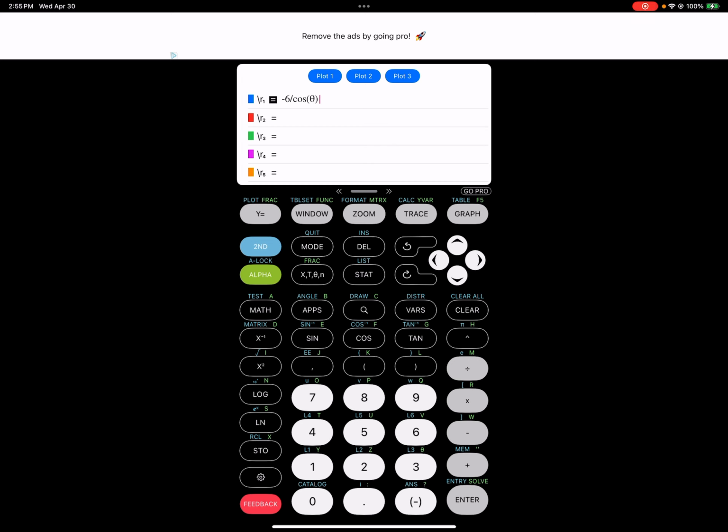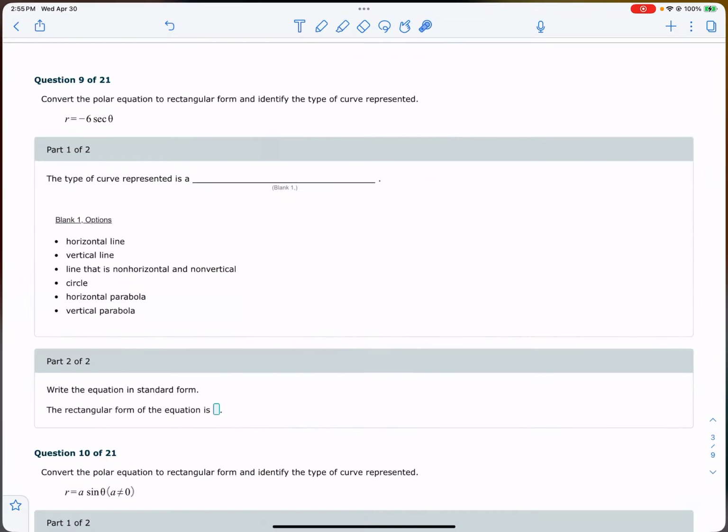So anything that is in any of the reciprocal functions, you have to change to sine, cosine, or tangent. So secant is 1 over cosine, which means this would be negative 6 over cosine. So now if I graph, I see that I'm just getting a straight line at negative 6. So when I'm asked what kind of equation, it would be a vertical line.